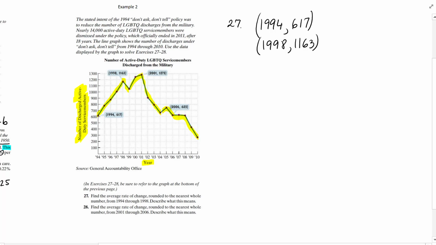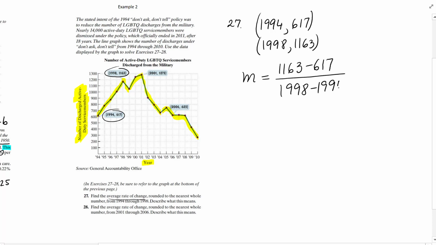I read them from the graph. So when they said find the average rate of change, I need to find the slope. So it's 1,163 minus 617 over 1998 minus 1994. So let's do the math. I got 136.5, but they said rounded to a whole number, so this is 137.